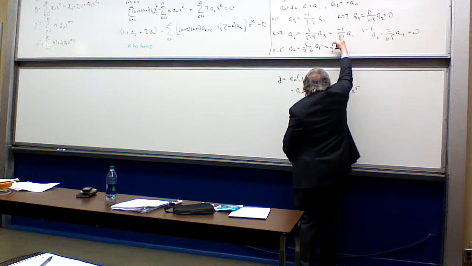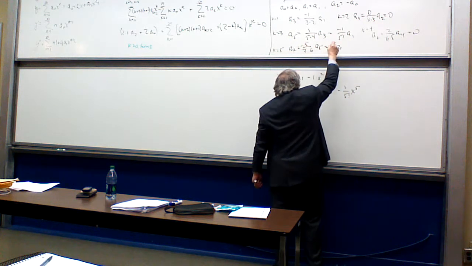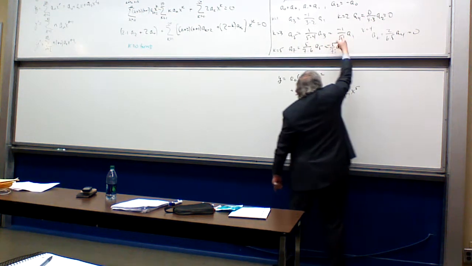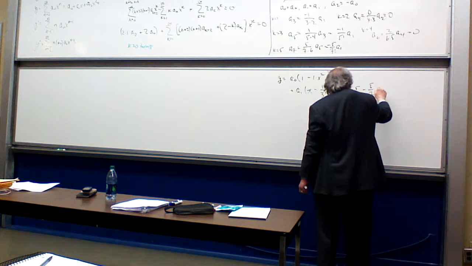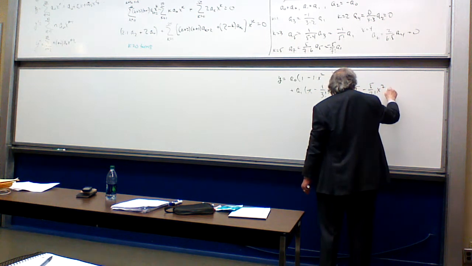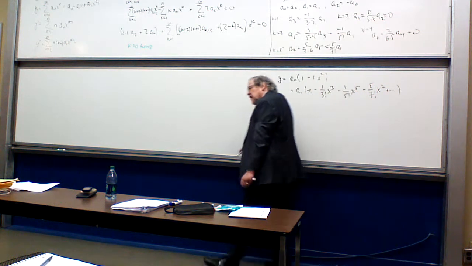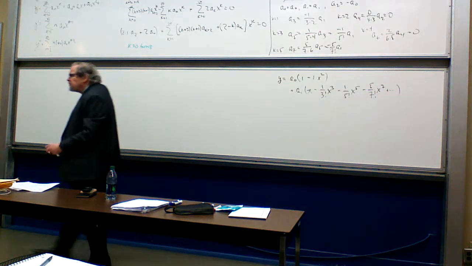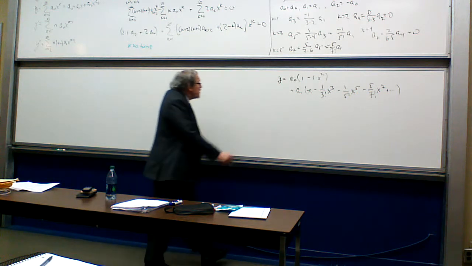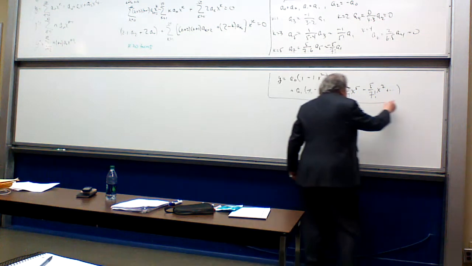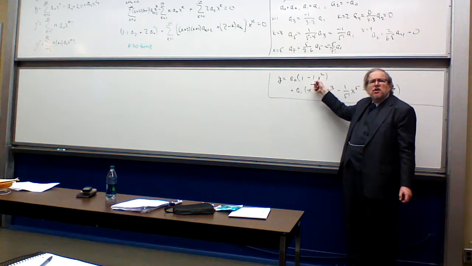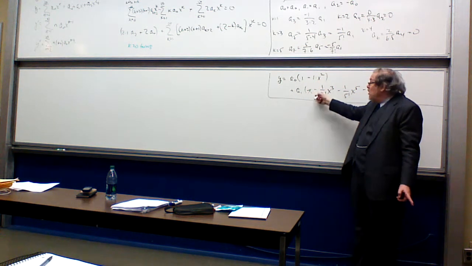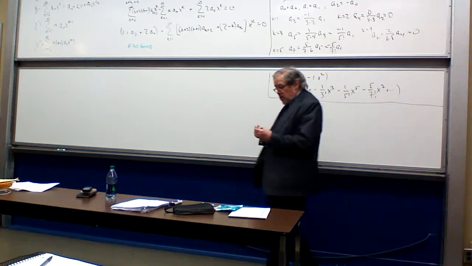Oh, there's a negative sign there. Negative 5 over 7 factorial x to the 7. And so I have a solution, one linearly independent solution, in fact a polynomial, plus the other one.